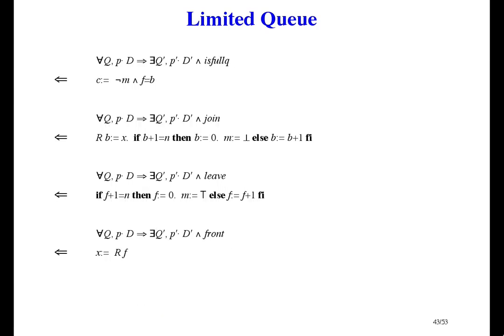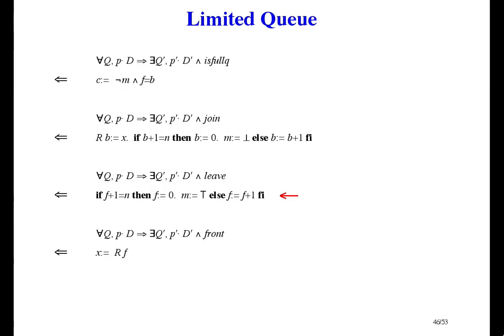Let me quickly show you the results of transforming the other operations. IsFullQ is also a test whether F equals B, but this time in the outside mode. Join puts x in position B and then advances B in a circular fashion.